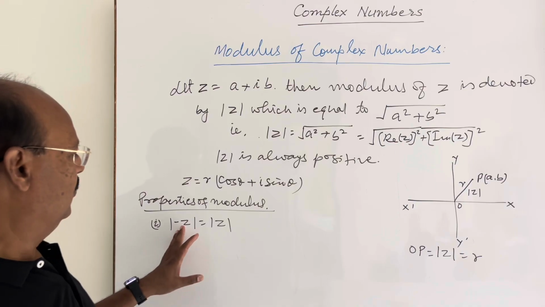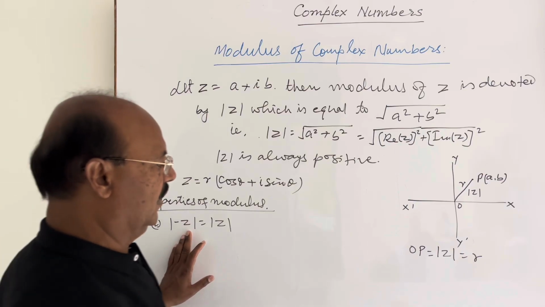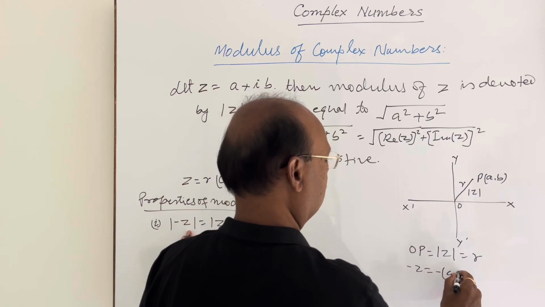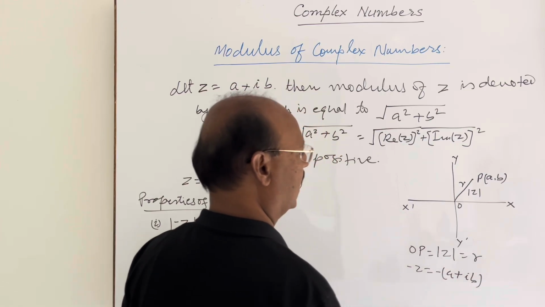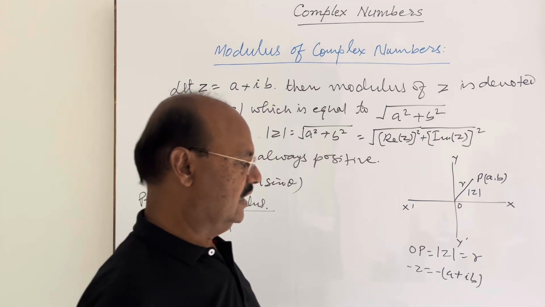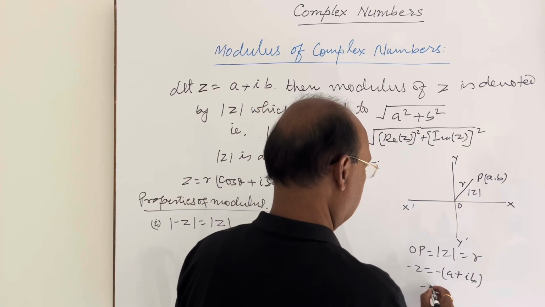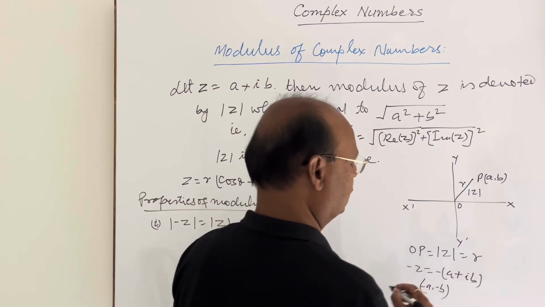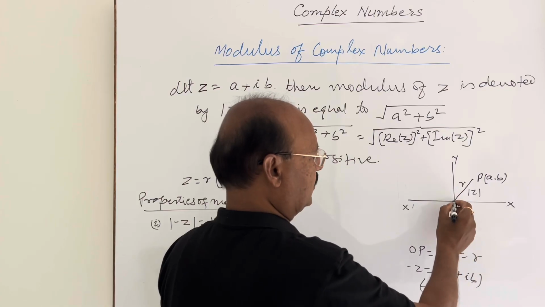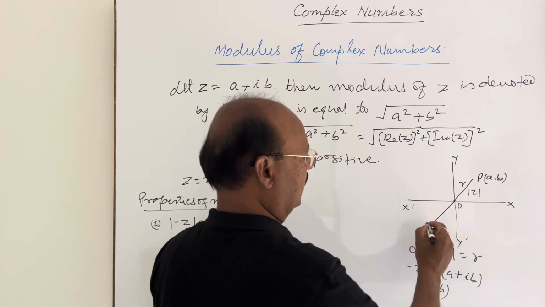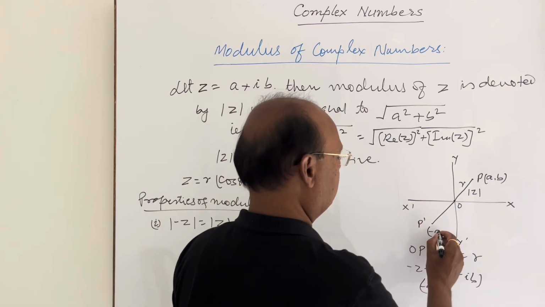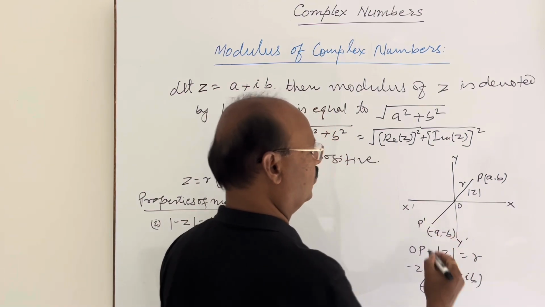In this case, minus Z will be the complex number minus of a plus ib. So minus of a plus ib will have coordinates minus a, minus b, which is the image of this point with respect to origin. Here P dash is the image of point P having coordinates minus a and minus b.